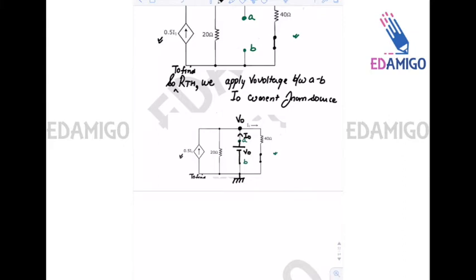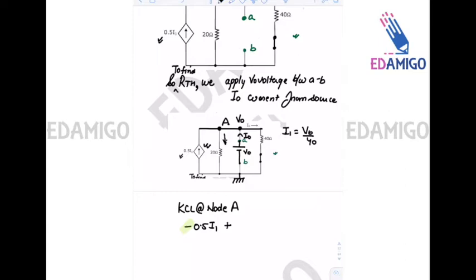Assume that this whole node is node A, and we can also see that V1 is equal to V0 by 40. So KCL at node A. Since the incoming current is 0.5 I1, I put a minus sign in the equation.